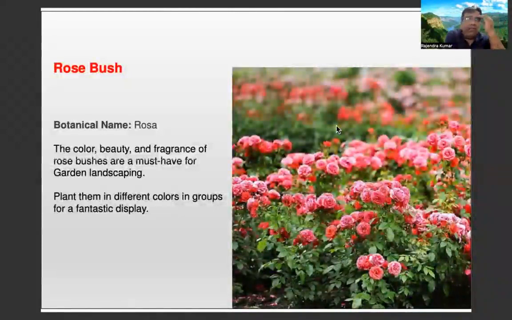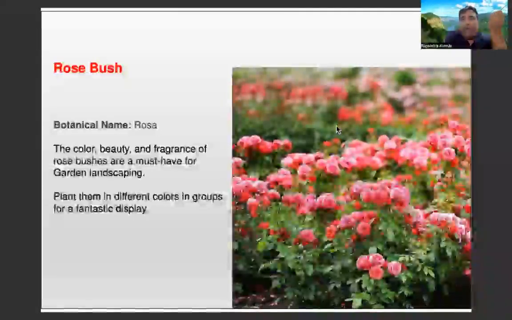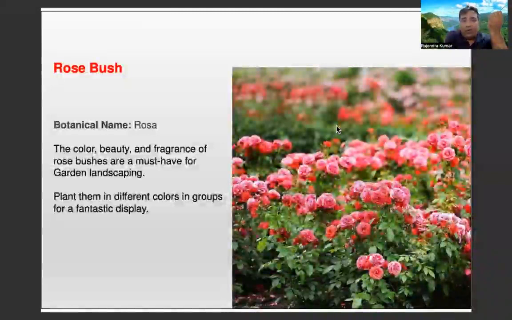In India, it is said that any landscaping without the rose is incomplete. In any garden landscaping, the rose is the important element. Plant them in different colors in a group for a fantastic display.